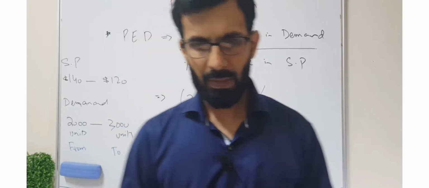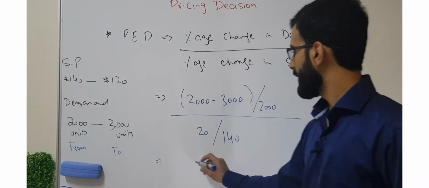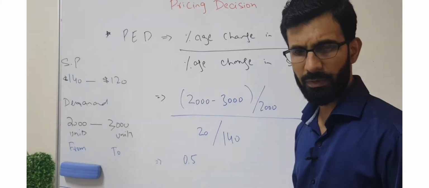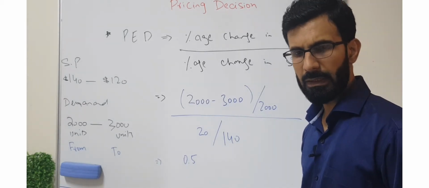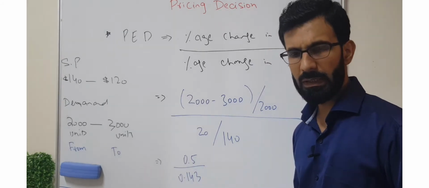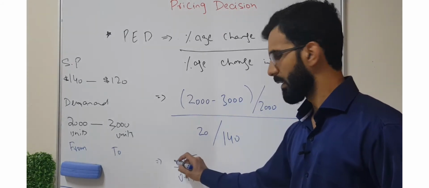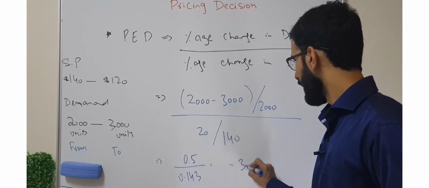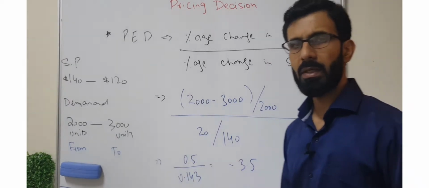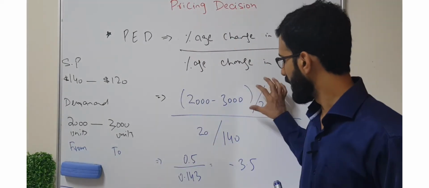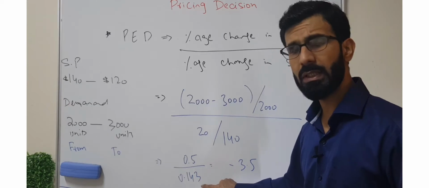So this percentage change in demand is 50%, and percentage change in selling price is 14.3%, which means yes, there will be a negative sign, but we will ignore this negative sign. Price elasticity of demand is 3.5, which means here that demand is more sensitive to changes in selling price.